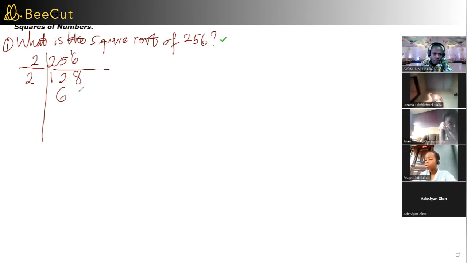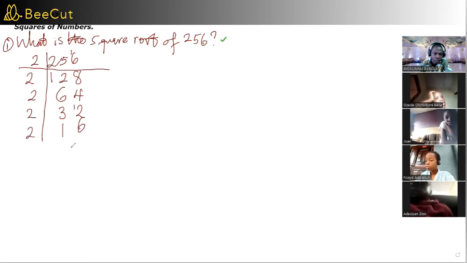Then 2 in 8 is 4. 2 can still divide. 2 here, 3. 2 here, 2. And 2 in 3 is 1. That's 12. That's 16. And 2 in 16 is 8. While 2 in 8 is 4.